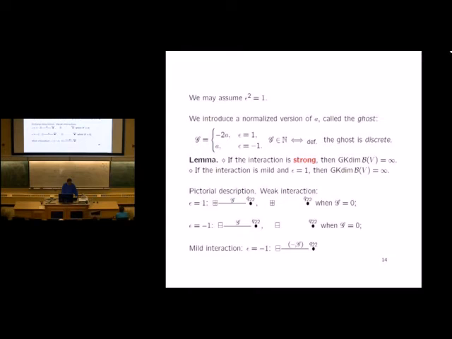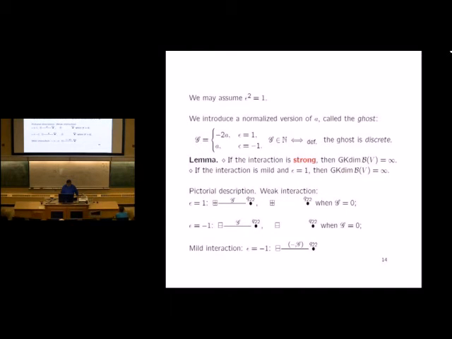And then I will introduce a normalized version of A, which I will call the ghost. So the ghost is either A if epsilon is -1, which is the value of the block, and -2A if epsilon is 1. And I will say that the ghost is discrete if it is a natural number, not 0.